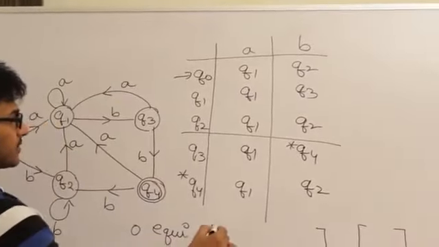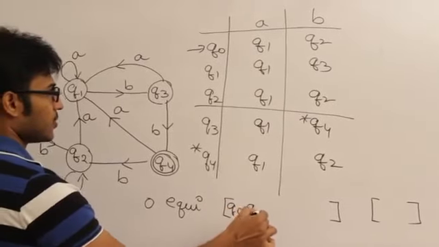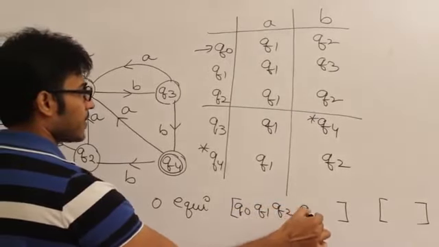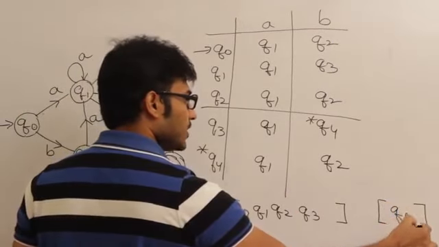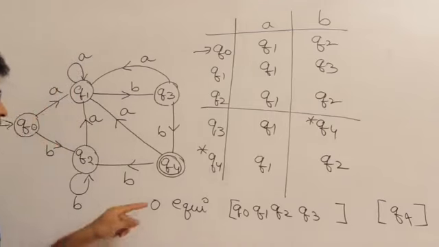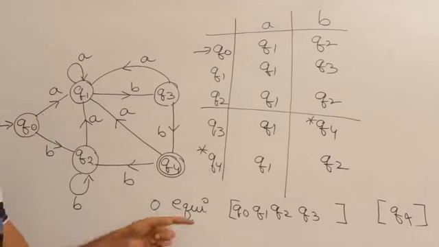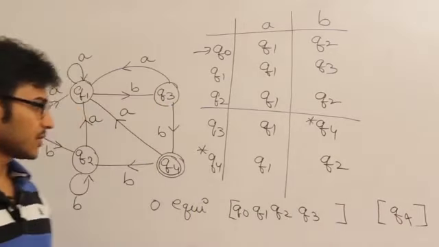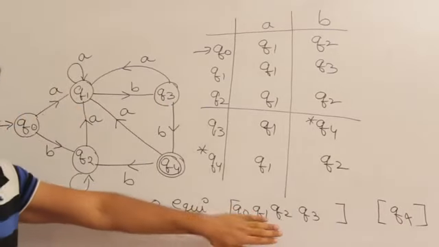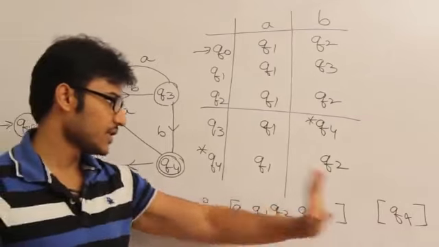What are the non-final states? Q0, Q1, Q2, Q3. What are the final states? Q4. So this is the starting point. Zero equivalent states are these, and these, which means the set of all non-final states and the set of all final states.